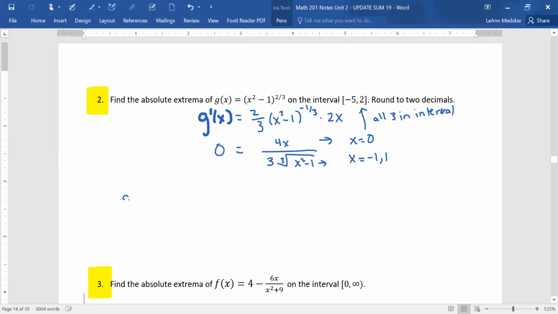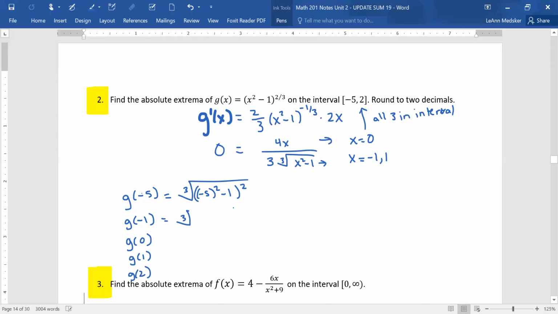So we come over here and we just make a list of g of -5 would be the smallest, g of -1 would be the next smallest, g of 0, g of 1, g of 2. And then we're just going to plug them in. So this would be, and I like to write it this way, the cubed root of -5 squared minus 1, all squared, because that's the 2/3 power right there.